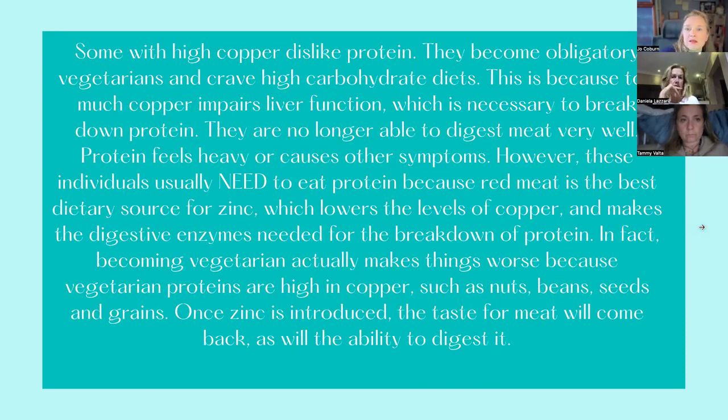Some with high copper dislike protein. This was so fascinating to me. So people that have this copper toxicity become obligatory vegetarians and crave high carb diets. This is because too much copper impairs liver function, which is necessary to break down protein. So they're no longer able to digest meat very well. Protein feels heavy and causes them other symptoms, although these people are exactly the people that should be eating protein because red meat is the best source for zinc, which lowers the levels of copper and makes the digestive enzymes they need to break down the protein.